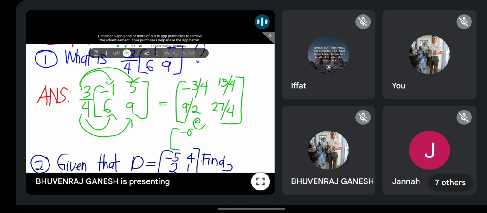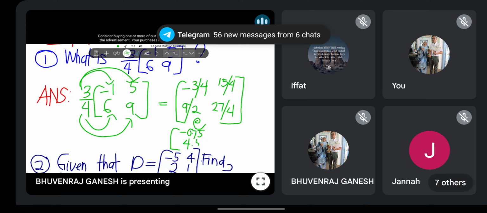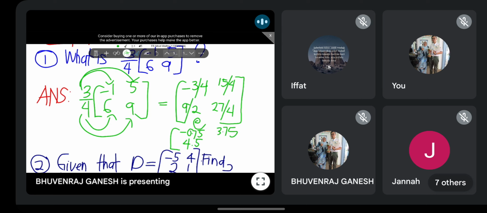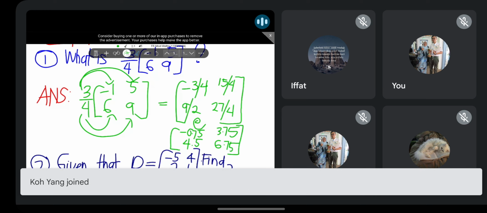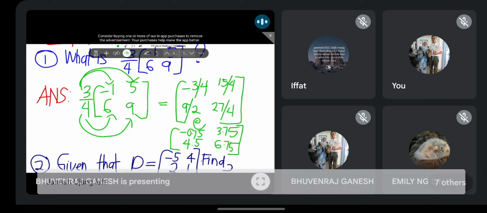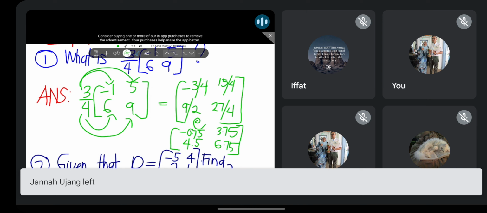Okay, so basically negative 0.75 and then 4.5 and then 3.75 and then let me press the last one, 27 over 4, 6.75. Okay, so both answers are also accepted. Dua-dua jawapan pun diterima. Okay, depends on your preference lah, which one you want to write.